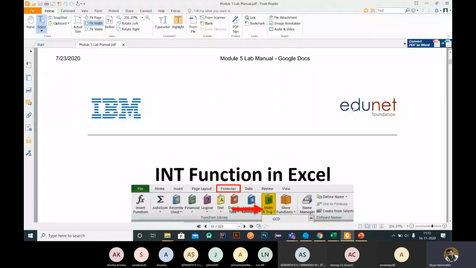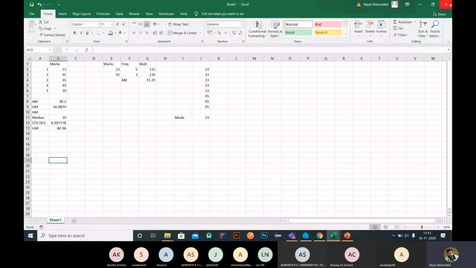Then we will take up the assessment. Sometimes we don't have class tomorrow. I will share the details of the assessment today, so just study for the assessment also.